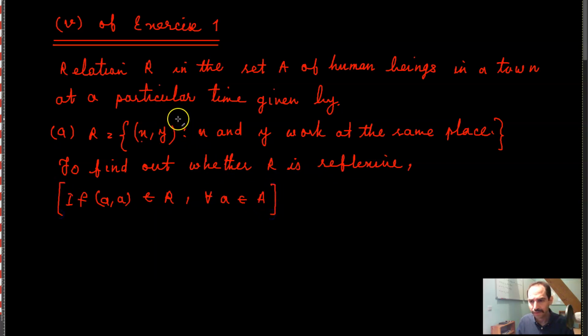Now in this particular case, here what you can do is that we said that the relation R is defined in the set A of human beings in a town at a particular time, given by R, which is all the ordered pairs x comma y such that x and y work at the same place.